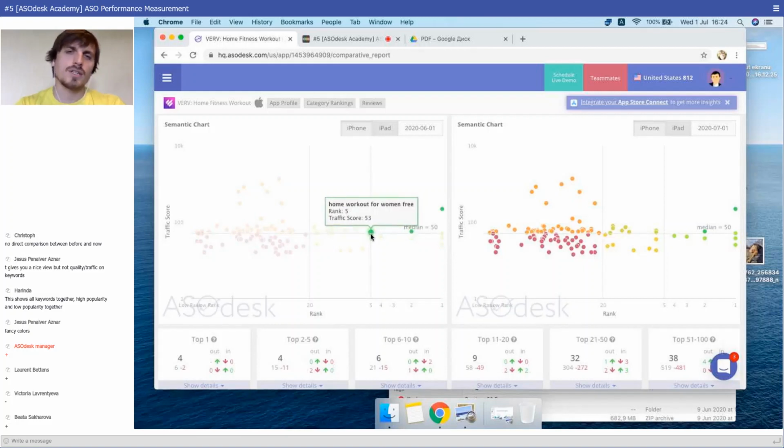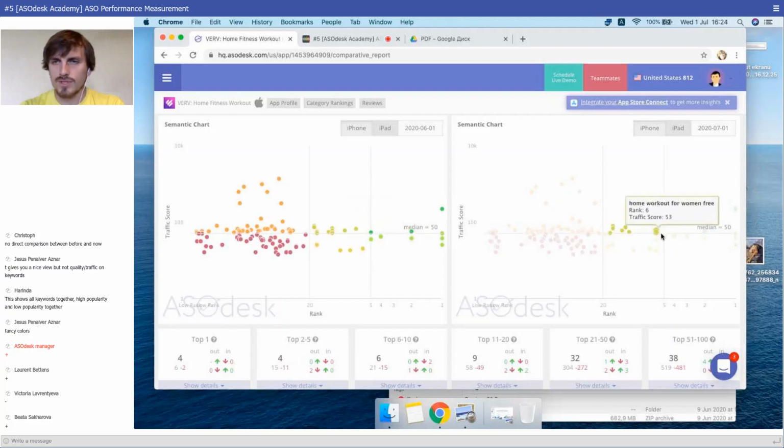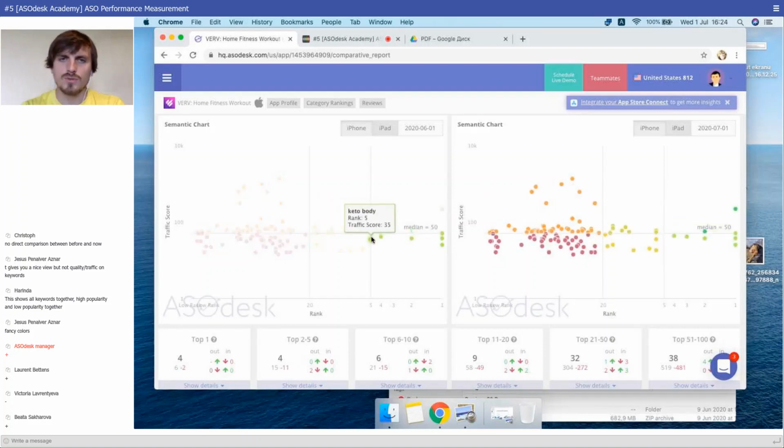They had 2 keywords by which they were ranking number 5: home workout for women free and keto body. And we don't see these keywords here anymore. And we don't see this keyword anymore at all. No, this home workout fitness for women. So something happened with these 2 keywords.